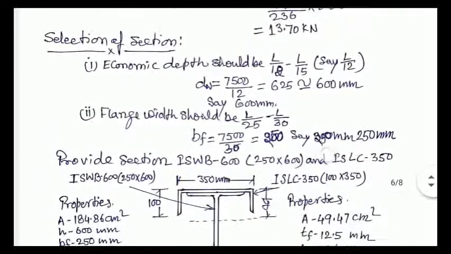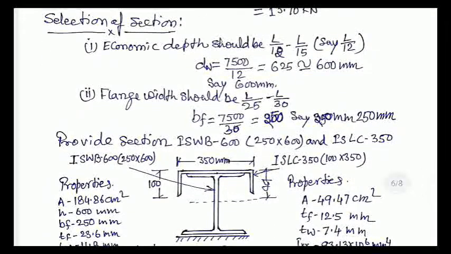Now provide a section for the gantry girder. There are some thumb rules as we have already seen in the design steps. The economic depth should be between L by 12 and L by 15.